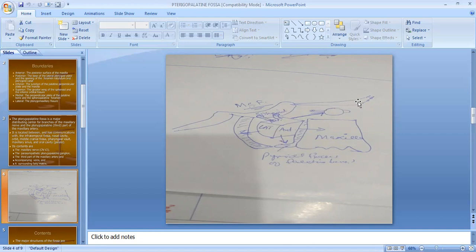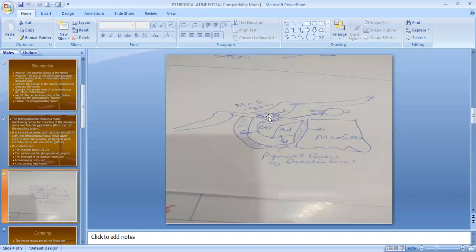This is the anterior cranial fossa, this is the middle cranial fossa, and this one is the posterior cranial fossa. This one is the maxilla. This is the orbit, and the middle cranial fossa.